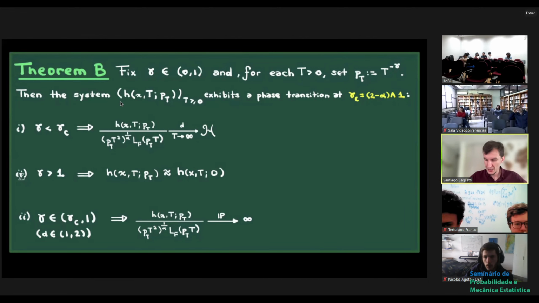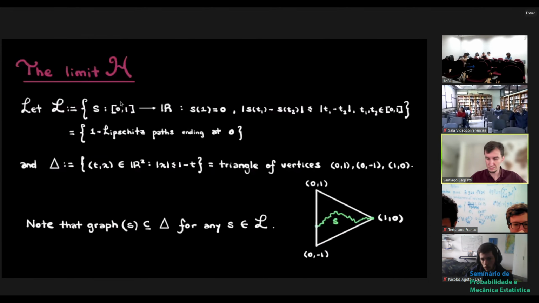Before I get to the proof, let me try to explain what this limit h is, and then explain a little bit about the proof. To explain what this limit h is going to be, I need to define a few things.